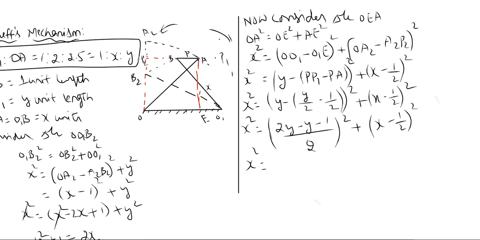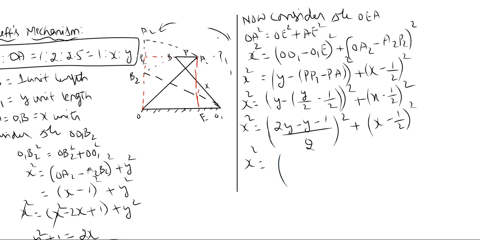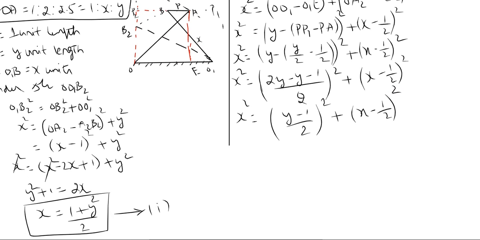So we will get x square is equals to y minus 1 by 2 whole square plus x minus 1 by 2 whole square.